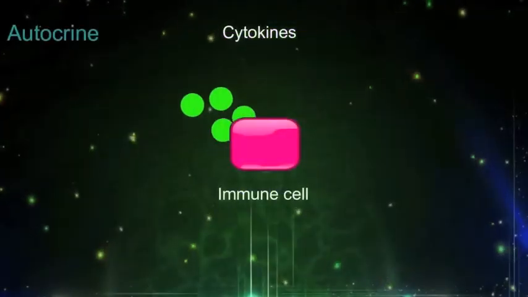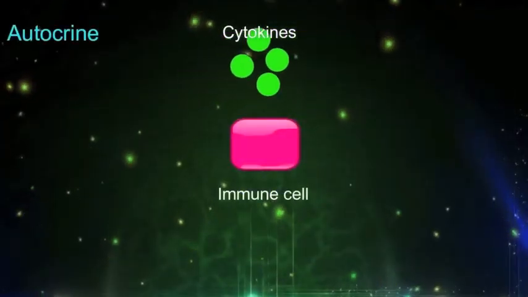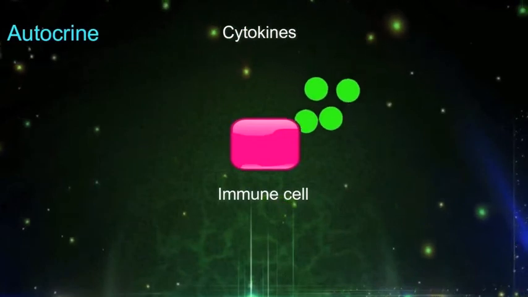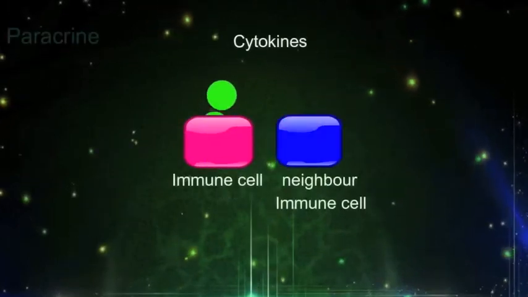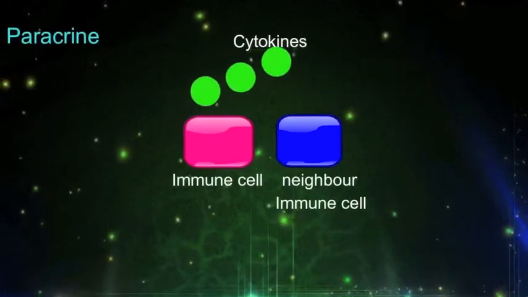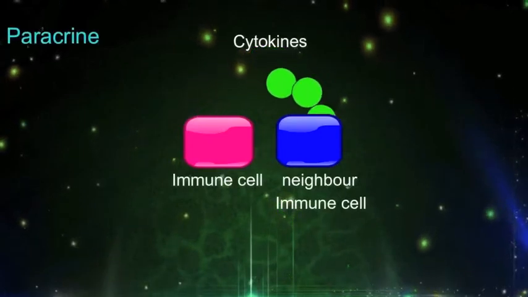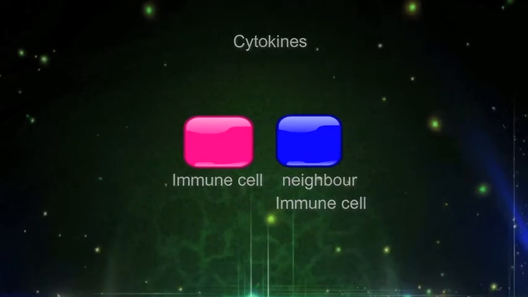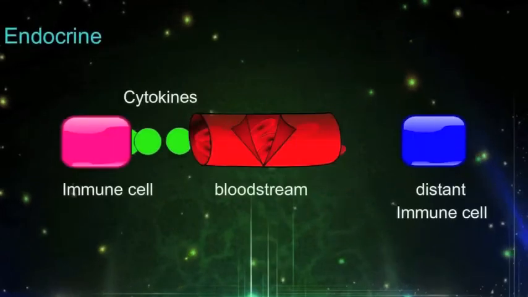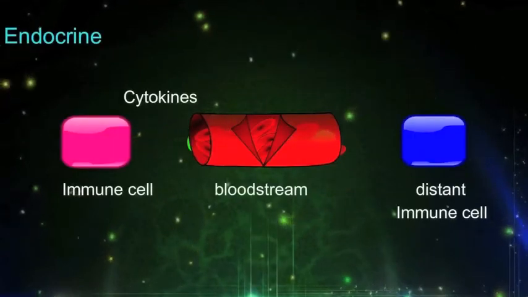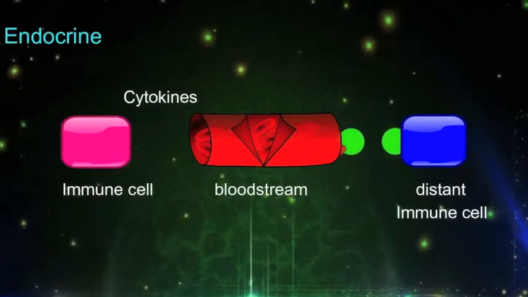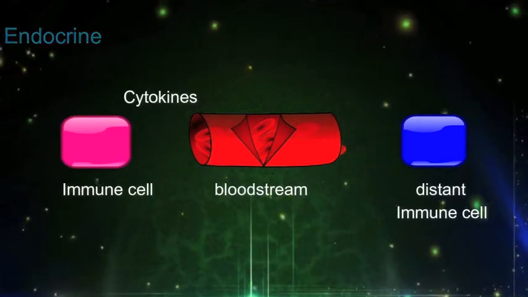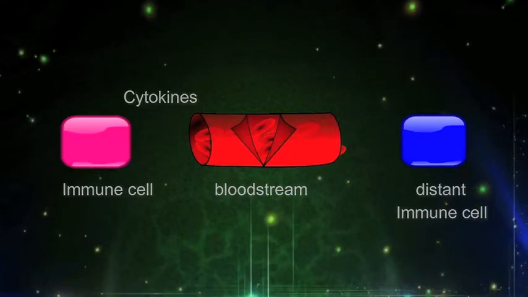In autocrine action, cytokines act on the same cell. So, it is a self-activation. Paracrine means cytokines act on neighboring cells. Endocrine means once a cell releases cytokines, they are transported through our circulation and reach distant target cells and act on them.